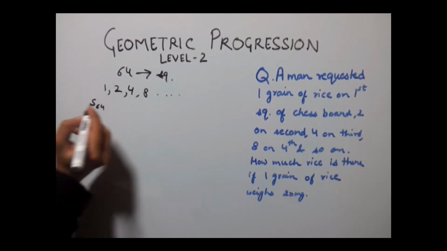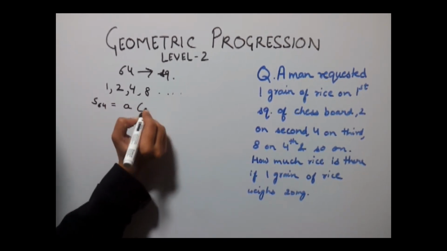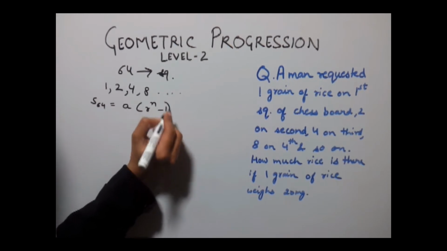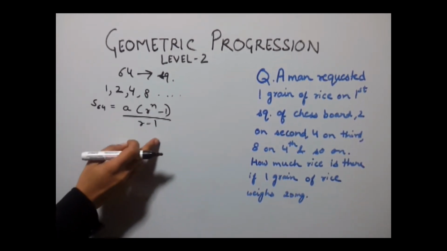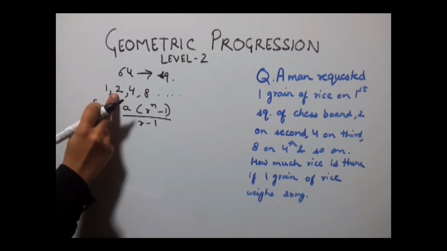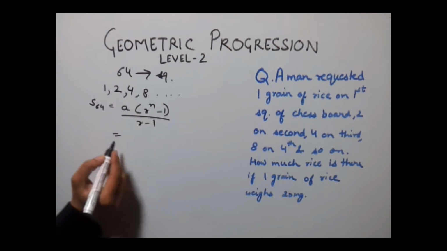So S64 will be equal to A into R to the power n minus 1 upon R minus 1, because the value of R is 2 over here, which is greater than 1. So we have taken this formula.